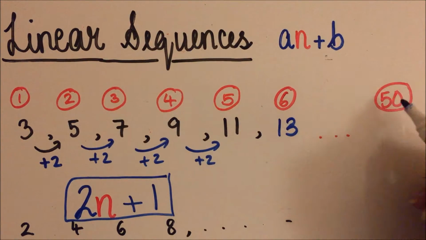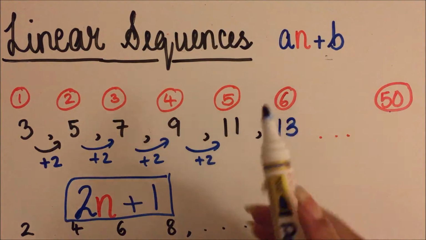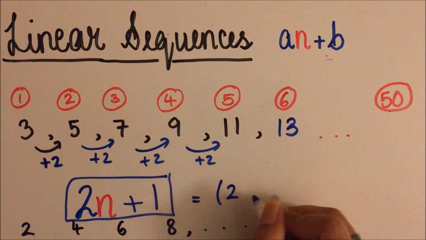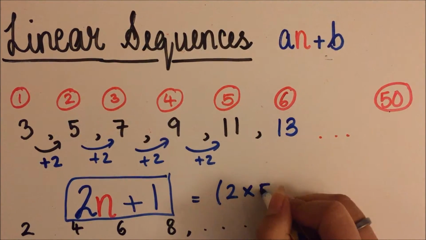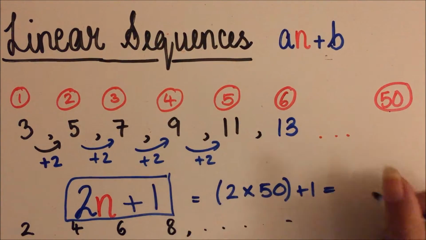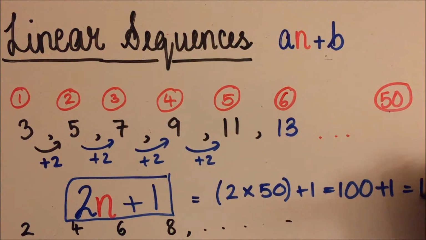So if you want to find the 50th term, all you need to do is replace this n with 50. So let's work this out. So 2 times 50 plus 1. 50 times 2 is 100, and 100 plus 1 is 101.